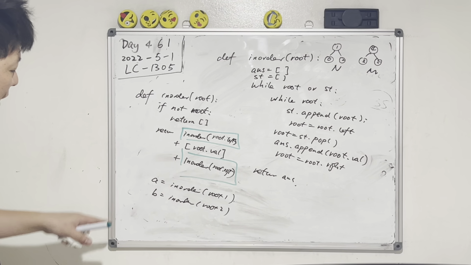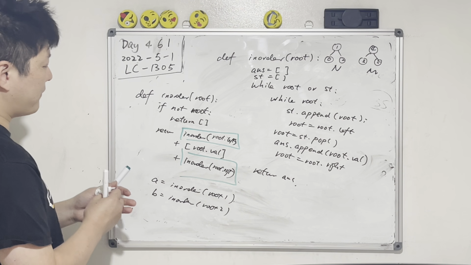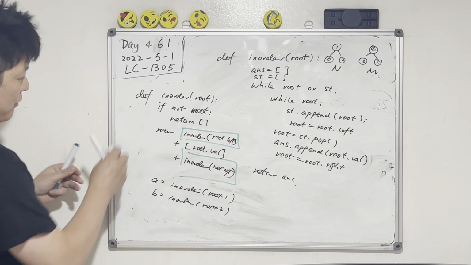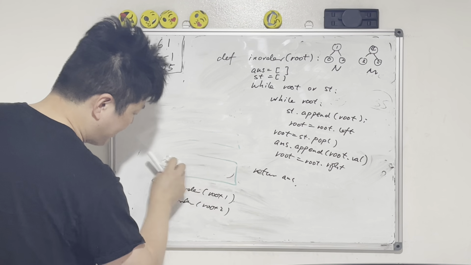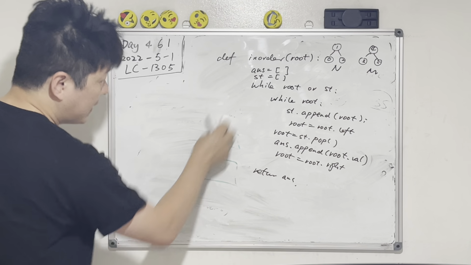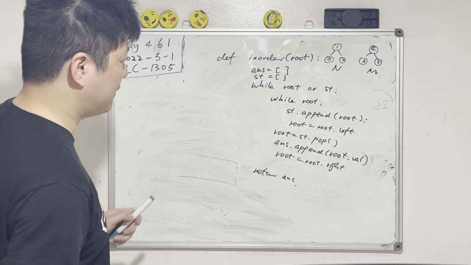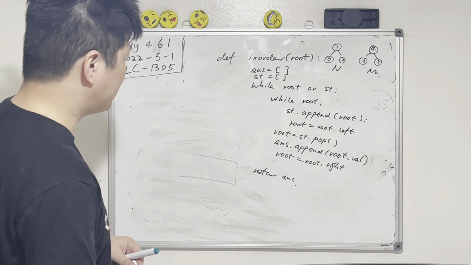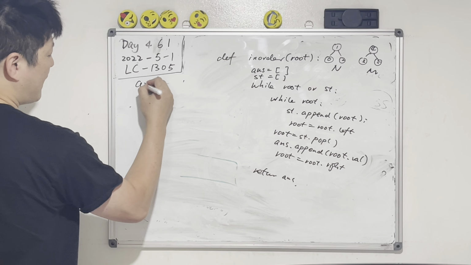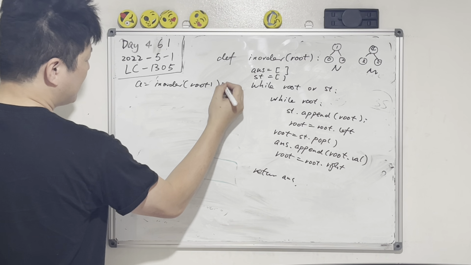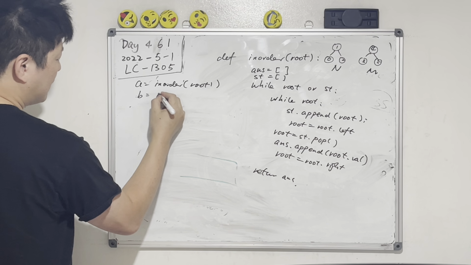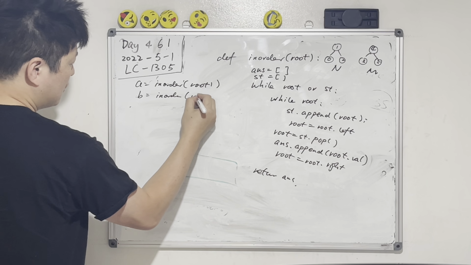Let me write this merge first. This one is easy. I'm going to erase this bit, which is for the iterative in order that we're going to use later. So A equals in order of root 1, the first tree, and B equals in order of root 2.